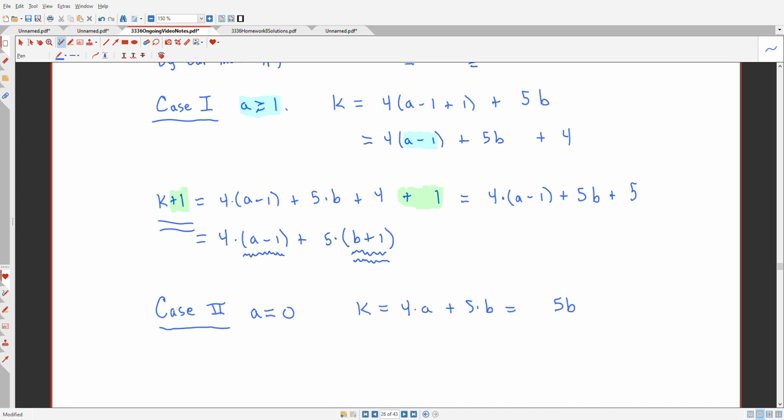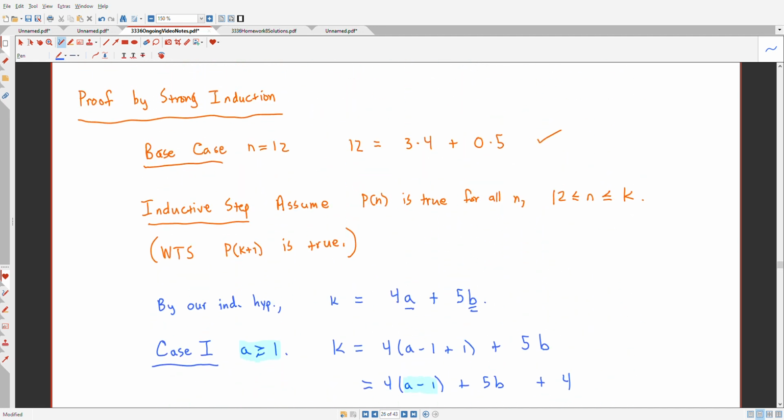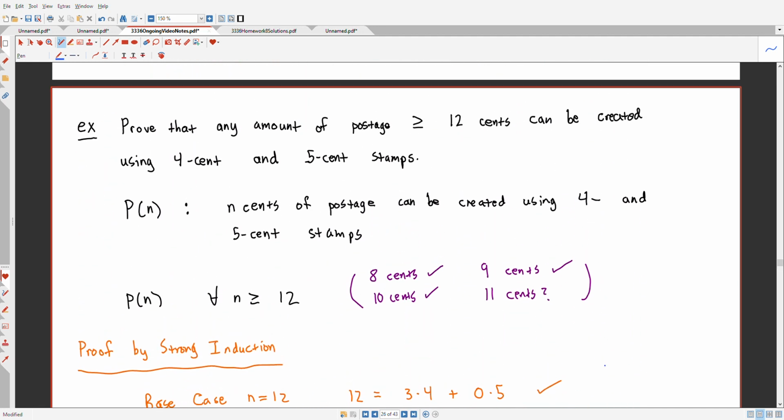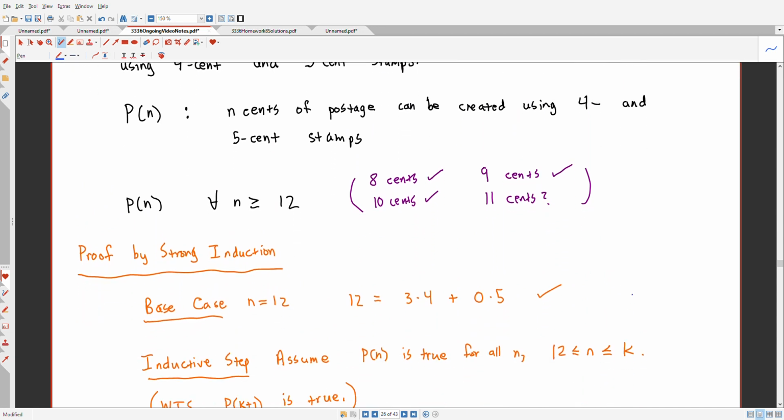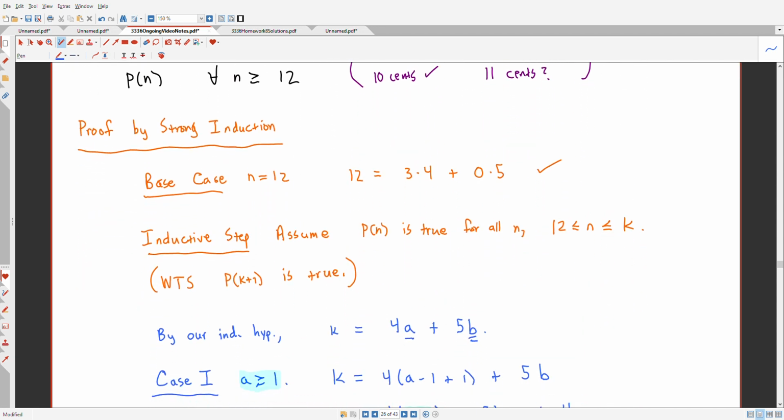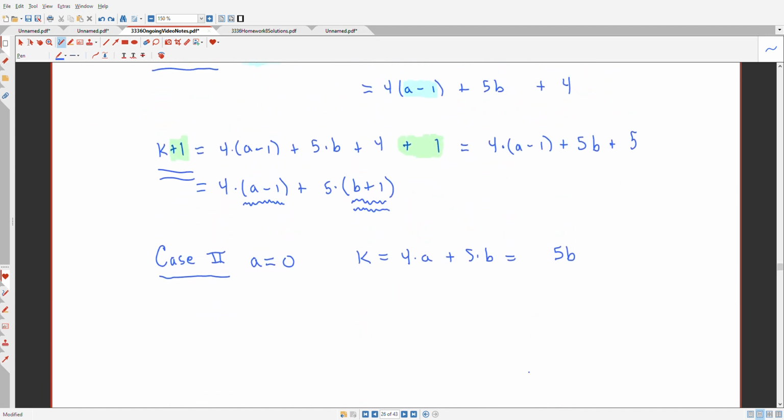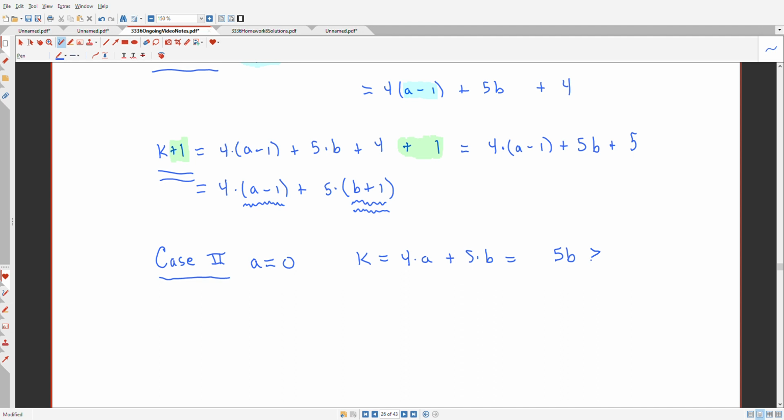And here's also where I want to scroll back to the beginning of this question, where we said k is bigger than 12. So we're going to use that assumption right there that I underlined twice. So I'm going to mention that here. So the value of k is bigger than 12, and we can work this out. This implies that b is bigger than or equal to 3.